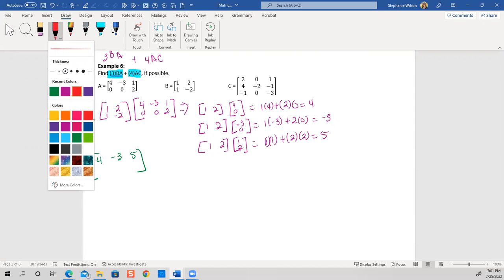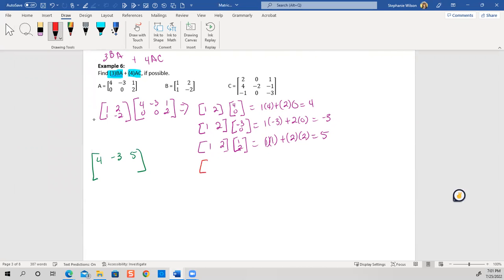I'm going to change this color right here. So for row 2, I got [1, -2]. I'm going to multiply it by column 1. So I have 1 times 4 plus negative 2 times 0. That's 4. Row 2 times column 2. So 1 times the negative 3, added to negative 2 times 0, which is negative 3.